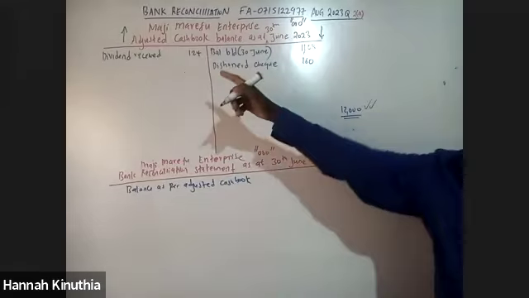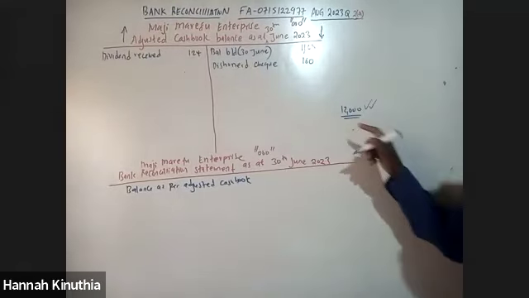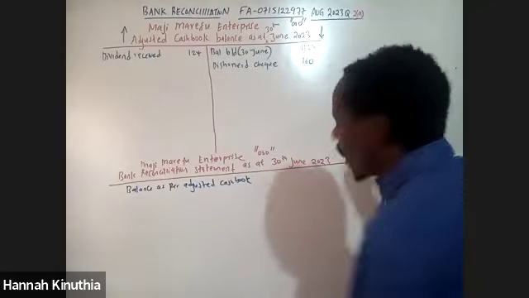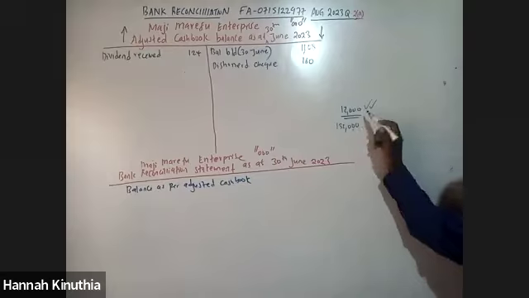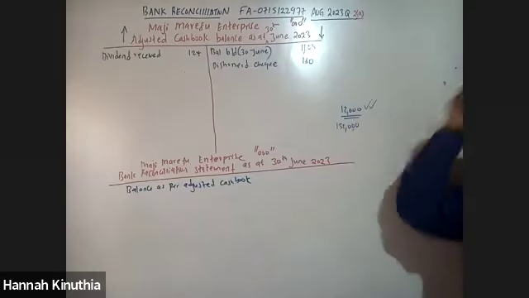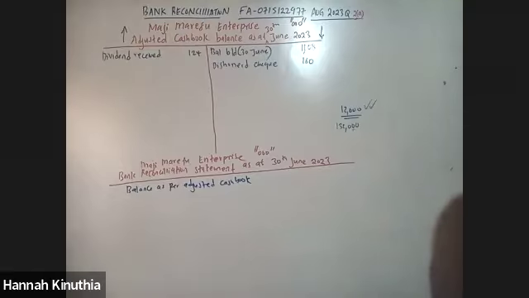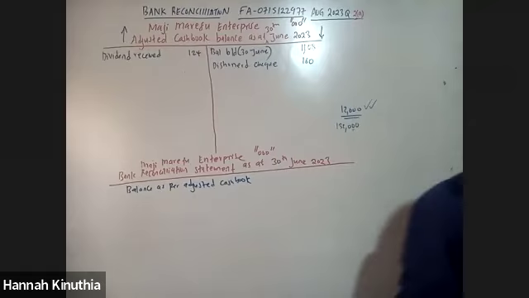Lakini wakati wanakuja kuirekodi kwa cash book, badala ya waandike 12,000, wakaandika 132. So we were supposed to pay 12,000, lakini wakati walikuja kuirecord, walirecord kama 132.